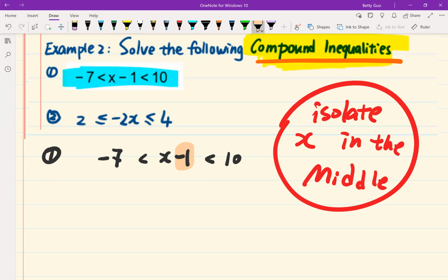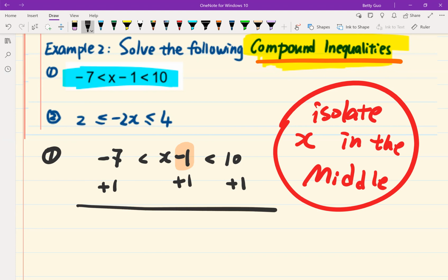So in order to get rid of -1, what we are going to do is add 1, right? We add the opposite. We're going to do the same thing to all three parts. We add a 1 to the left, we add a 1 in the middle, we add a 1 to the right. Let's see what happened after this.